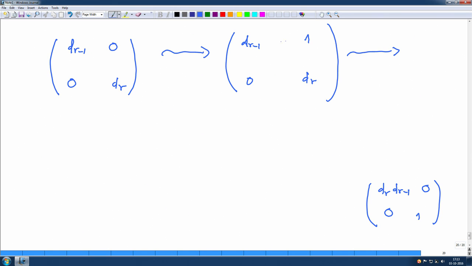I should multiply this row by Dr and subtract. So this will not change, but this will change. This changes to Dr minus 1, 1, and I have to multiply this by Dr and subtract.